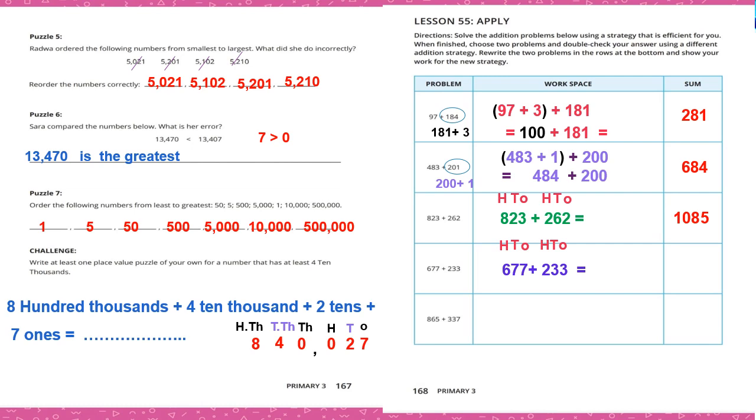Also here, ones with ones. 7 plus 3. What shall we do here? Keep 7 in my mind, and 3 in my fingers. After 7, 8, 9, 10. What shall we do? Put 0 and carry up 1 on the next home.